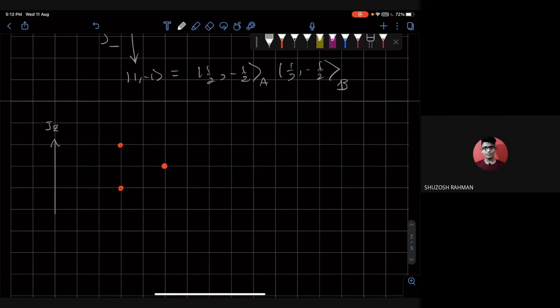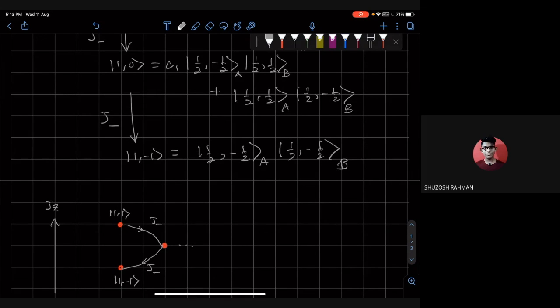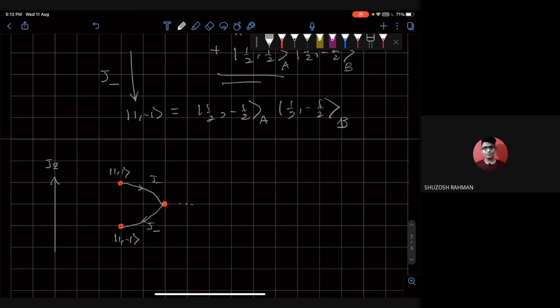If I apply the J minus operator, I go from here to here. If I apply the J minus operator again, I go from here to here, right? And this is the 1, 1 state. This is the 1, minus 1 state. And this is the other state over here. Let's call it 1, 0.